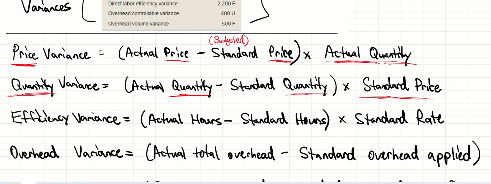Again, that's budgeted quantity, multiplied by standard price. And so if the actual quantity is greater than the standard quantity, then that's going to be an unfavorable variance because, again, we're focused on the cost. And conversely, if the standard quantity, the budgeted quantity, is greater than the actual quantity, then that's going to be a favorable variance.